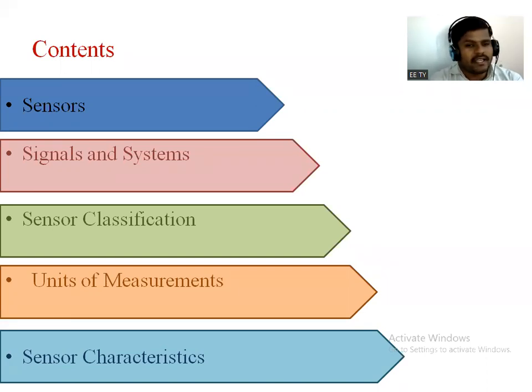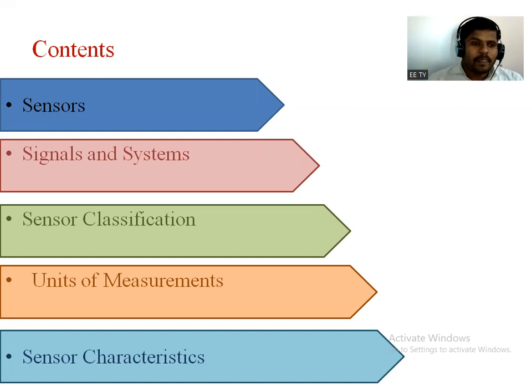Suppose in case of a DC machine or DC generator or motor, if you want to select any machine for a particular application, you should understand the behavior and characteristics of that machine, like torque versus armature current characteristics. So the characteristics part is very important here. First understand the definition, and then the different types of characteristics depending upon sensor classification.